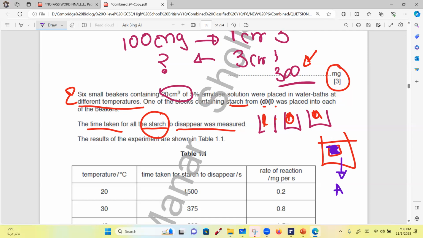So I started with a block that is blue-black. This block is surrounded by the enzyme amylase. The amylase will break the starch. It will eat the starch. When it eats the starch, the color will be changing from blue-black to what? Brown. Orange brown. It will be the changing color of the iodine.